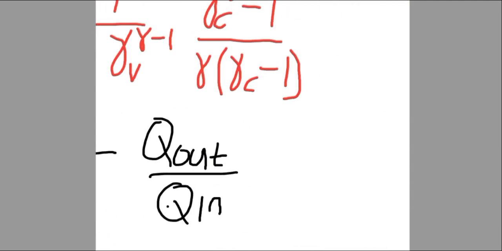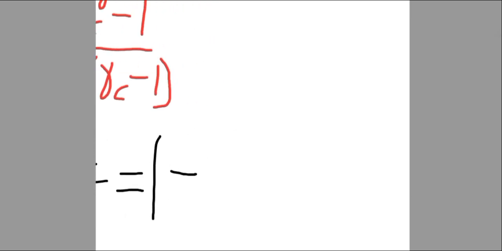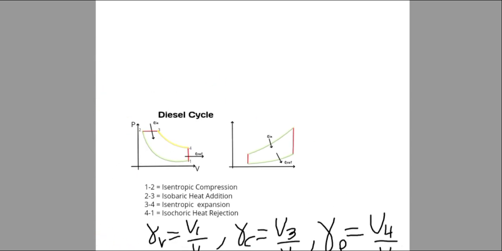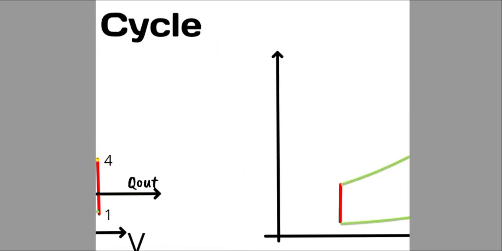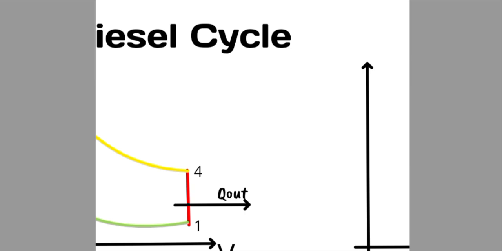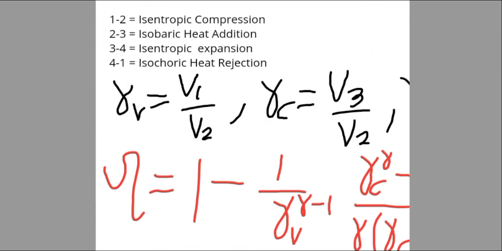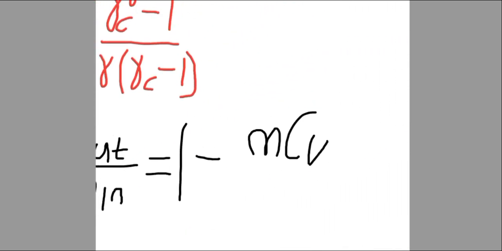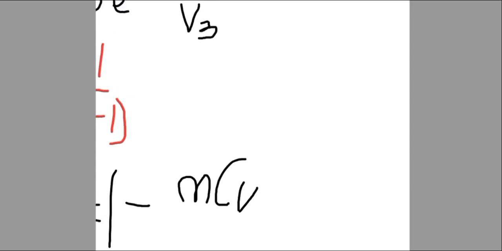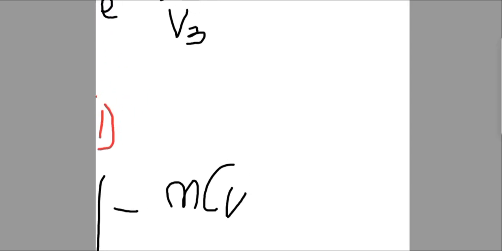This is going to be equals to our 1 minus, what is our Q out? Our Q out is equals to M times our Cv, because our Q out is from 4 to 1 over here. That one is constant volume, and that one is from 4 to 1.